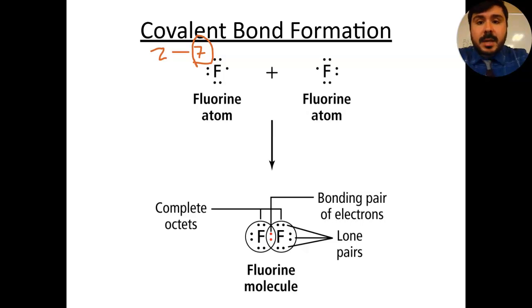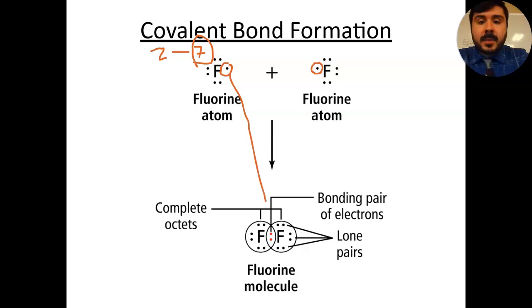Specifically, it's going to share this valence electron, and this valence electron. So essentially both of them bond together, allowing each atom to claim ownership of the other's 7th valence electron.